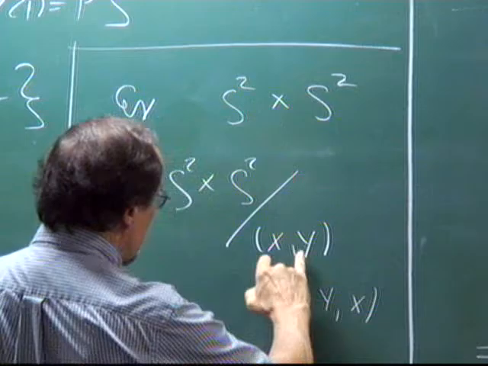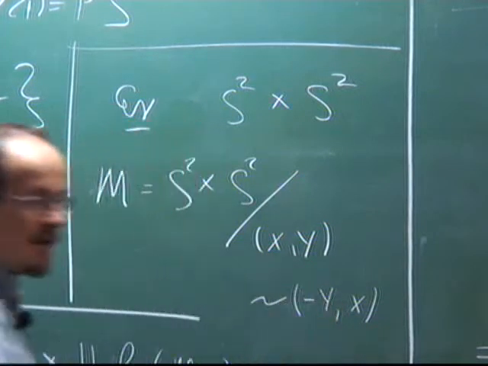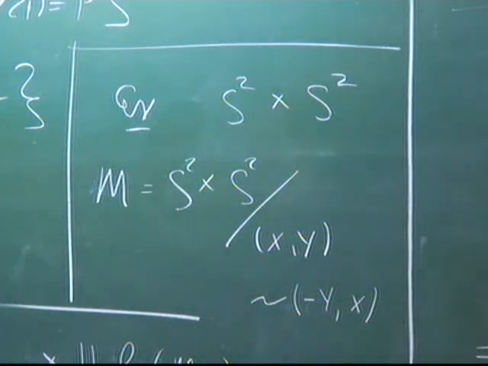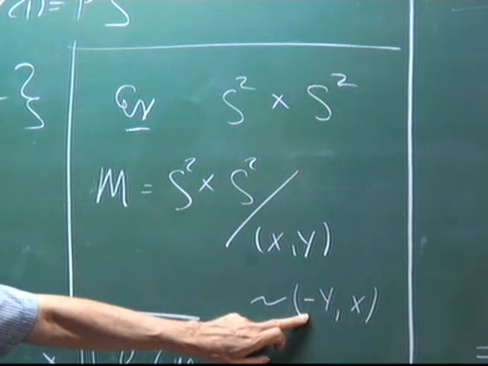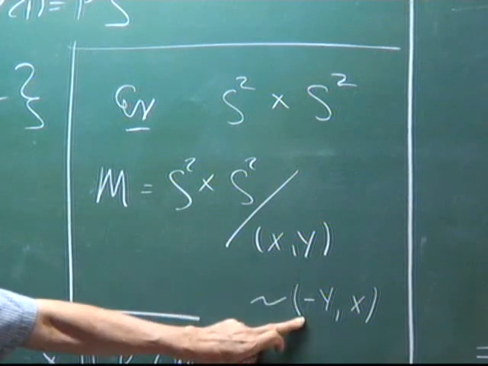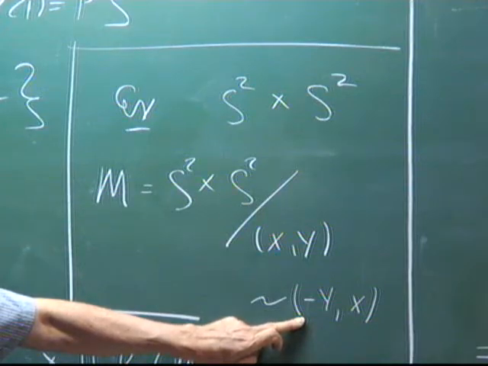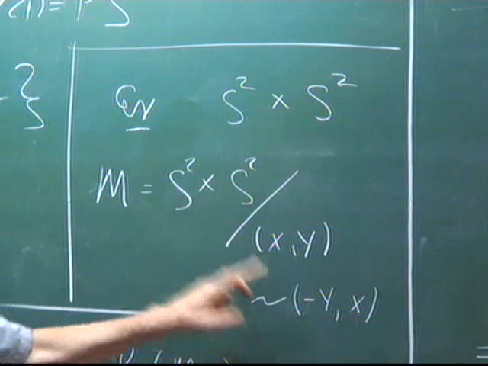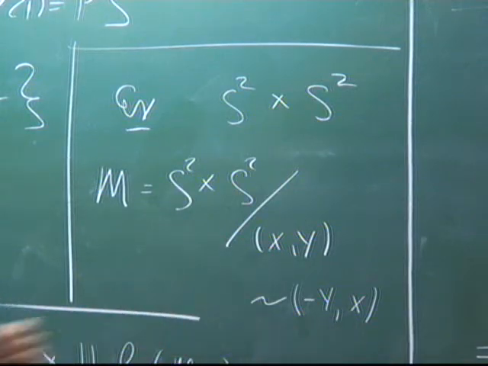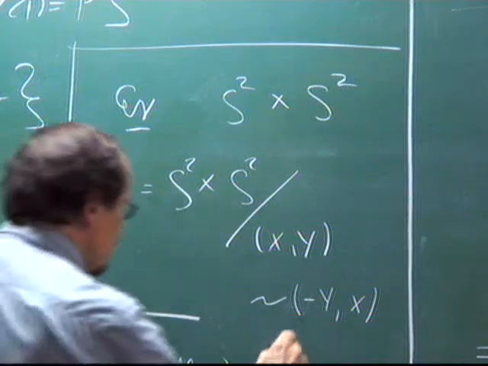Except I can't do that because I have to avoid fixed points. Let's do it as (-y, x). So notice now this is an order 4 group, I guess it's C4. There are no fixed points because (x, -y), (y, x) can't be. So the quotient is a manifold, right? But I now switch the two factors, and therefore this is irreducible.